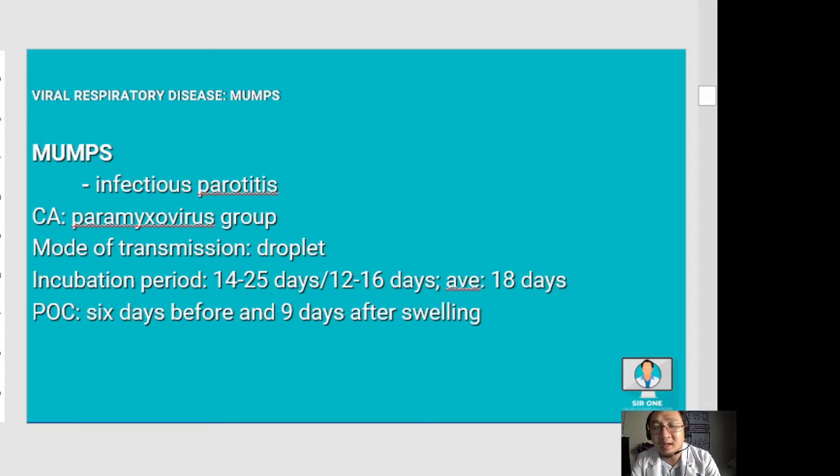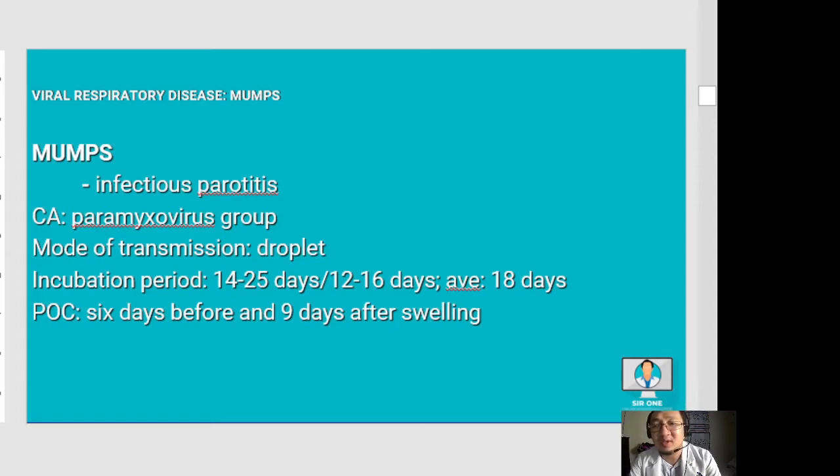I will be mentioning some complications of this disease later, and those are the glandular ones, which also put patients at risk later in life.